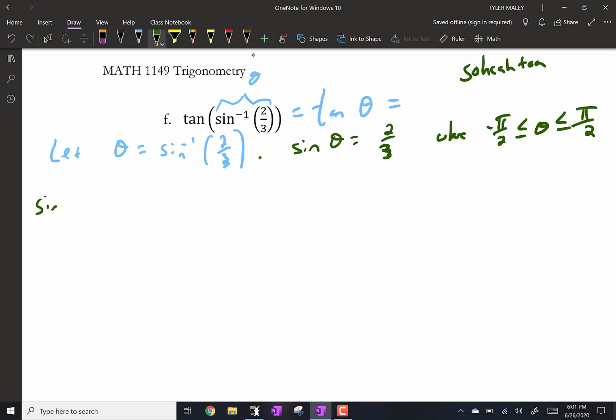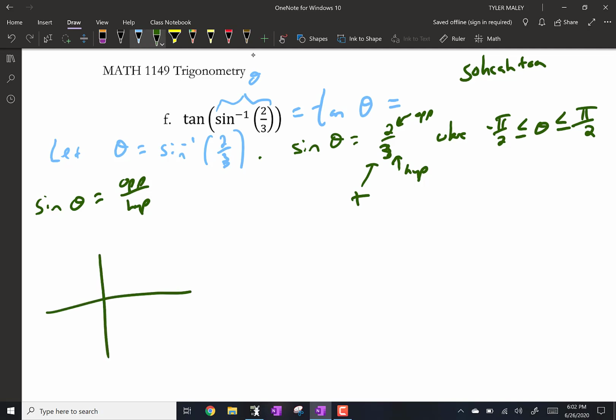Sine of theta is equal to the opposite over hypotenuse. So the 2 is the opposite, and the 3 is going to be the hypotenuse of my right triangle. I also know that this is positive, so I'm going to be in the first quadrant. I already know that I'd be stuck in between these two quadrants, but since it's positive, we're going to be here. So here's theta.